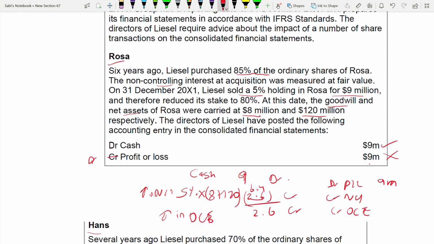NCI will be 6.4 and other components of equity will be 2.6. Now when you're doing entries like this, be very careful. Your debit needs to always be equal to your credit side. If you add up the credit side, it will be equal to 9 million, which is there on the debit side. Okay, now let us move to what? Hans.